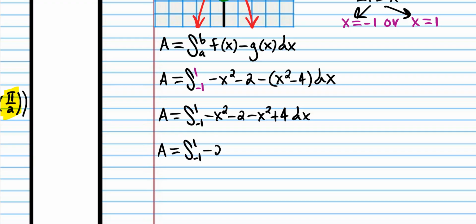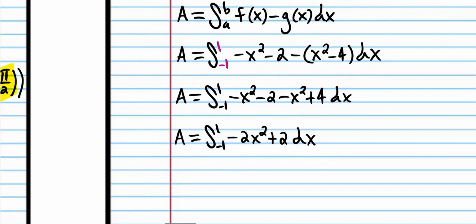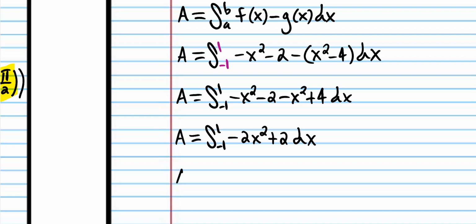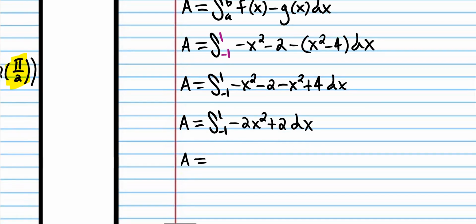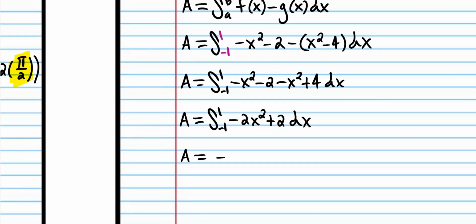So we have negative 2x squared and plus 2. And then we get negative 2/3 x cubed plus 2x from negative 1 to 1.